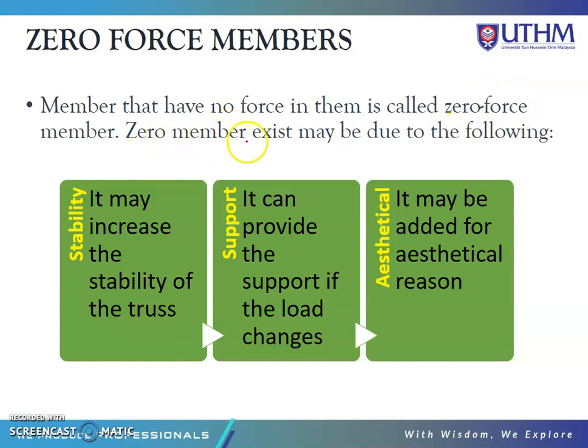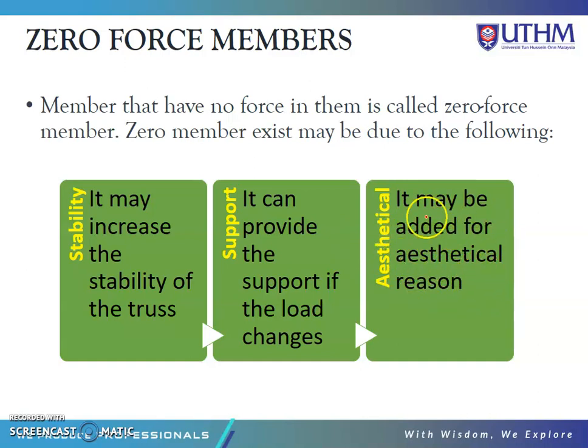Zero force members exist because of three points. The first one is due to stability. It may increase the stability of the truss. The second one is as a support. It can provide support if the load changes. And the third one is for aesthetic reasons.